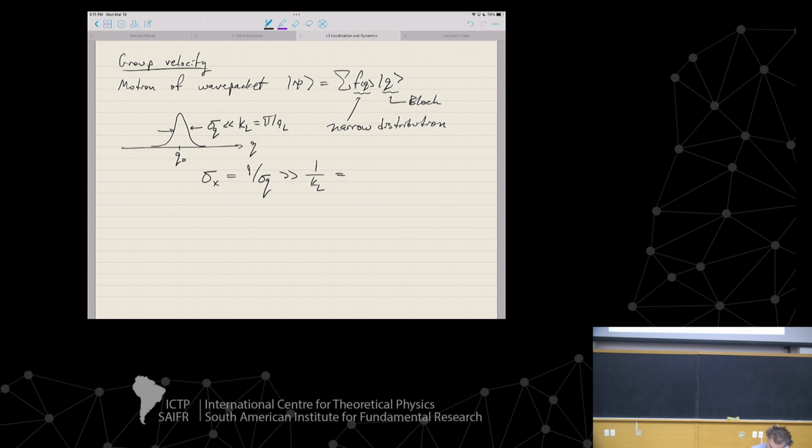So this is then much bigger than a_L over pi. Okay. So I'm saying that if in quasi-momentum space I have a wave packet which is small, localized in the Brillouin zone, that means it's delocalized in space.